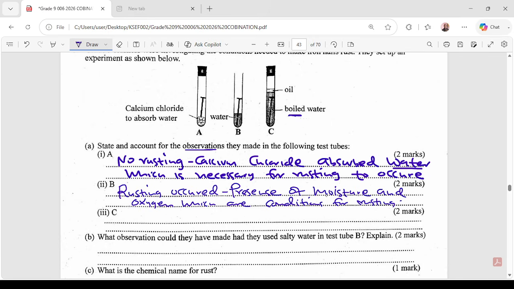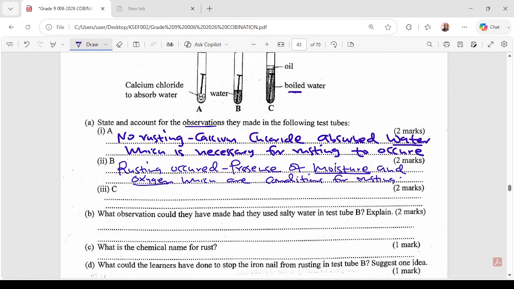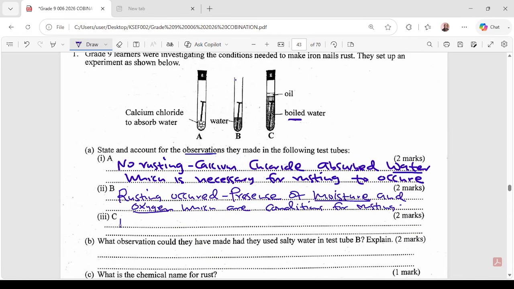So when the two are present, moisture due to water and oxygen, and the tube is open, rusting will occur. Then C, no rusting again.